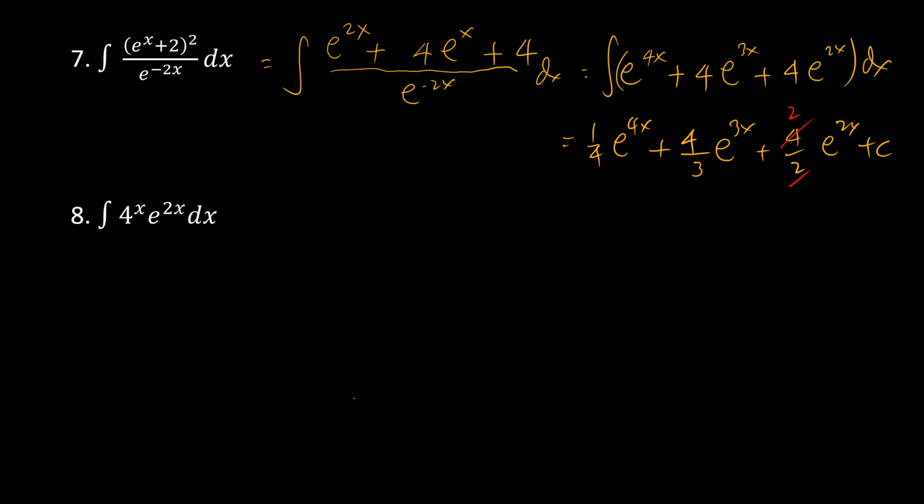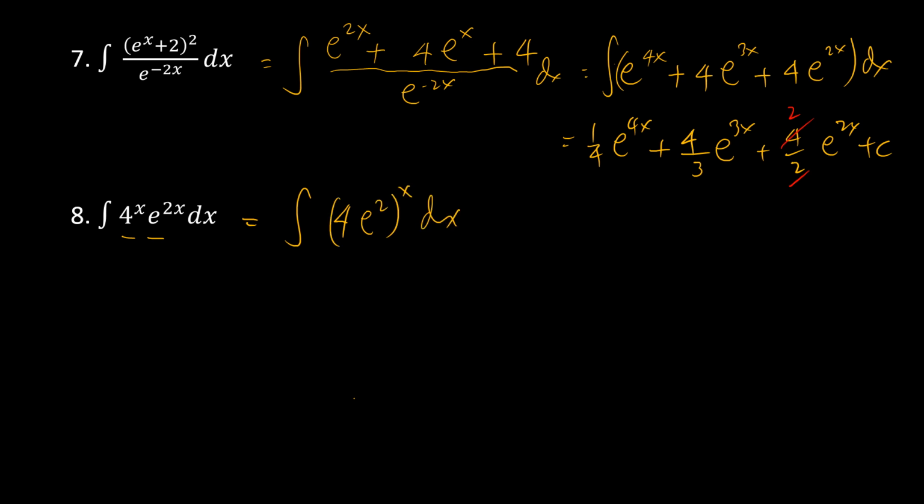All right, so we have number 8. 4 raised to x, e raised to 2x. Now, we can write this as 4 e squared quantity raised to x dx.